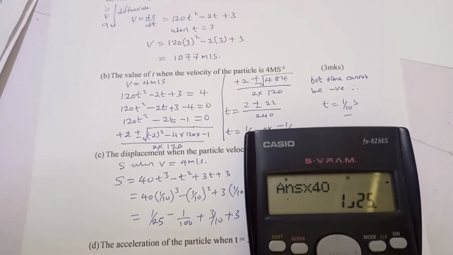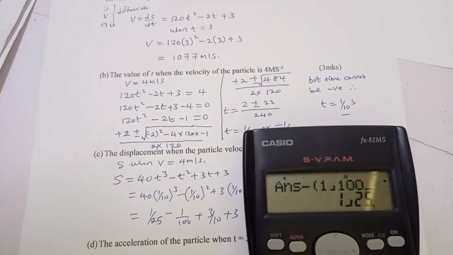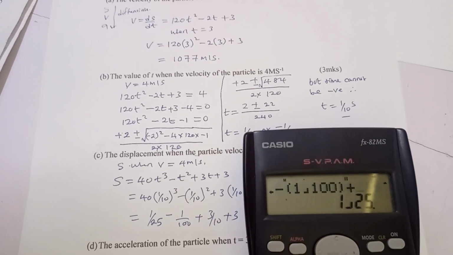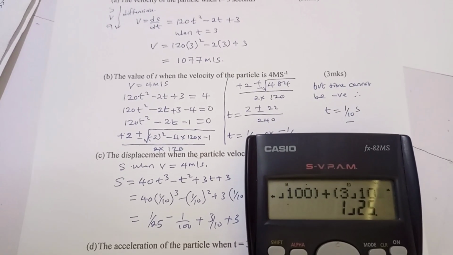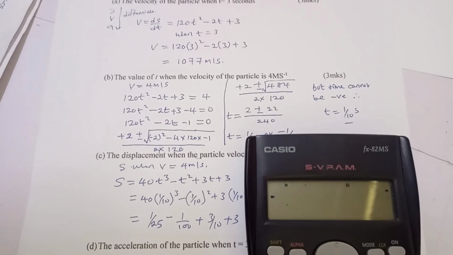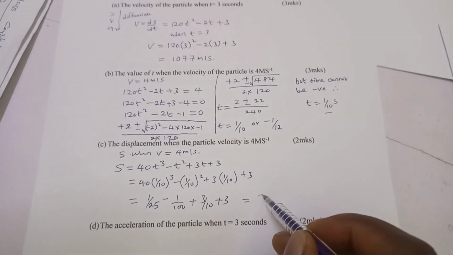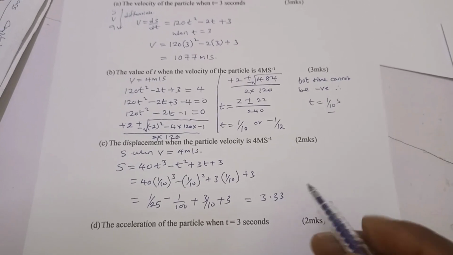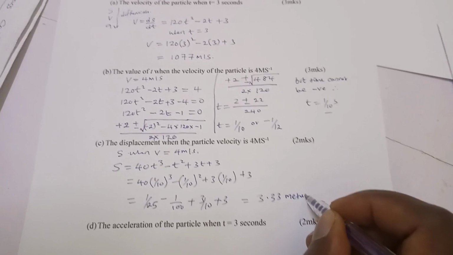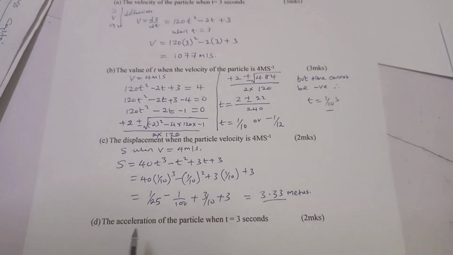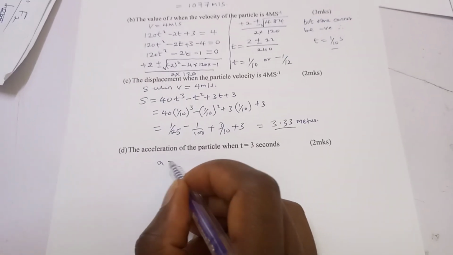So we get 3.33, and we can write that in fractions, or give the answer as a decimal if it is terminating. So 3.33 meters, that is the displacement.